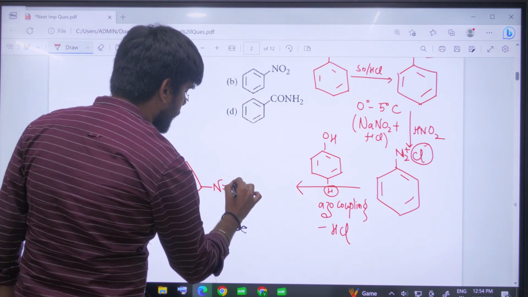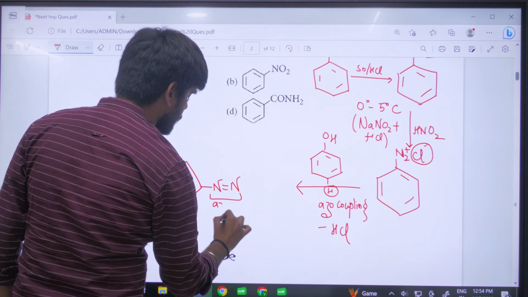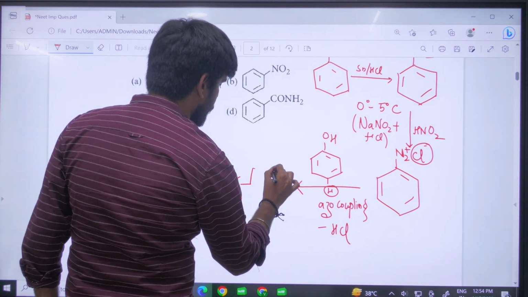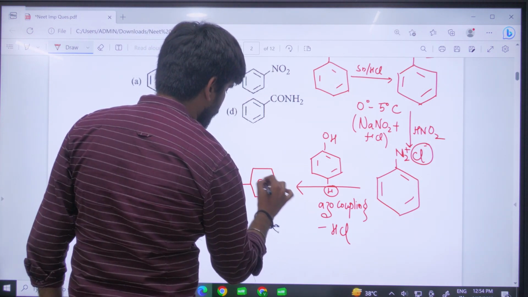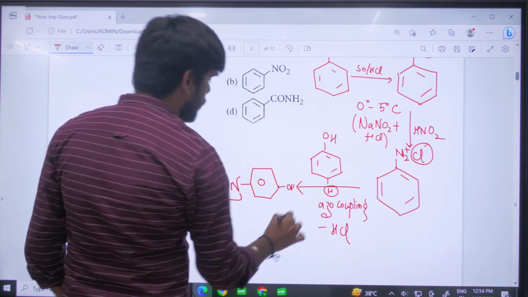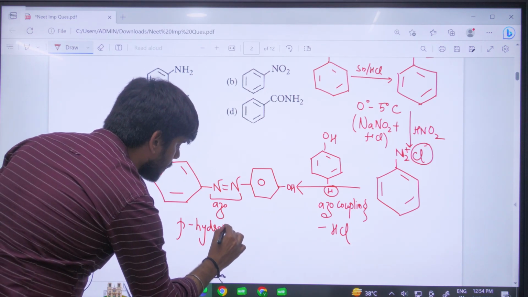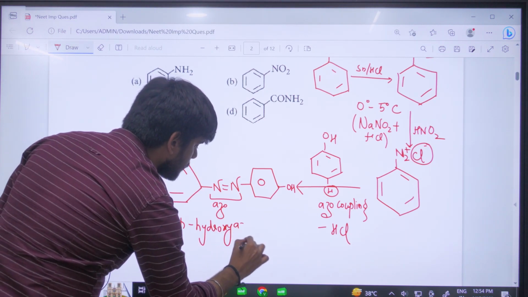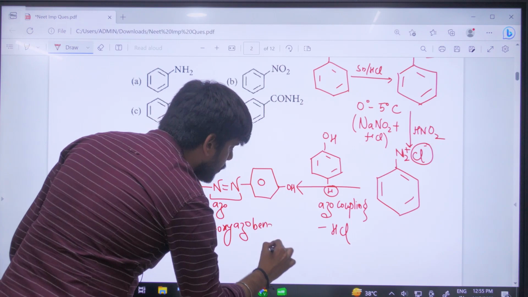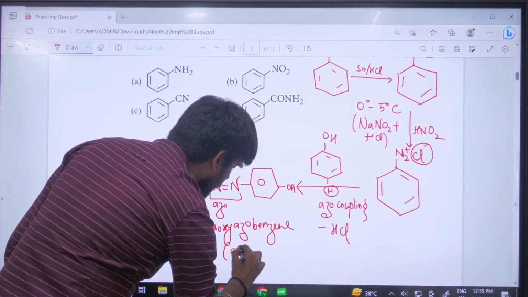N double bond N. This is your azo group, and here you get this. So this is your para-hydroxyazobenzene, and you know this is your azo dye.